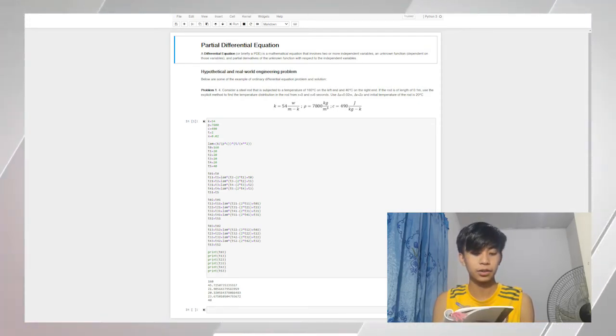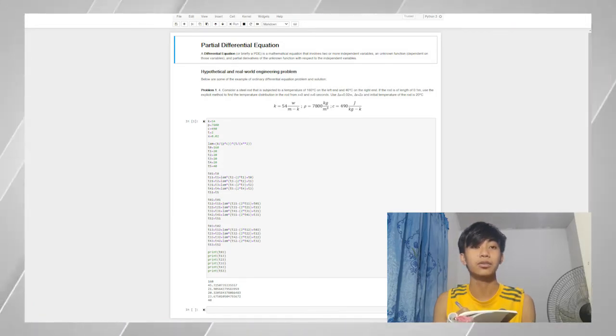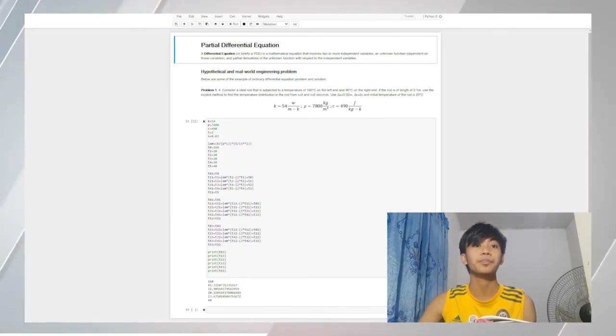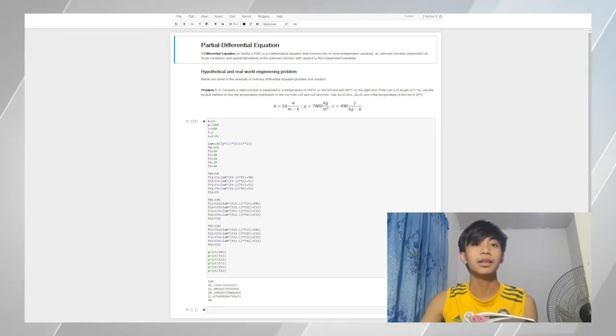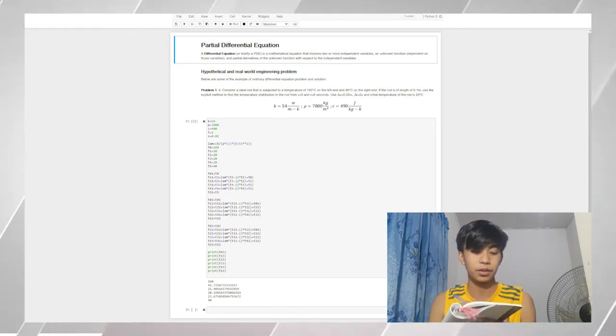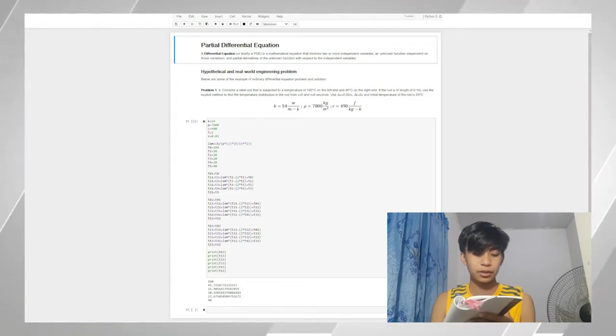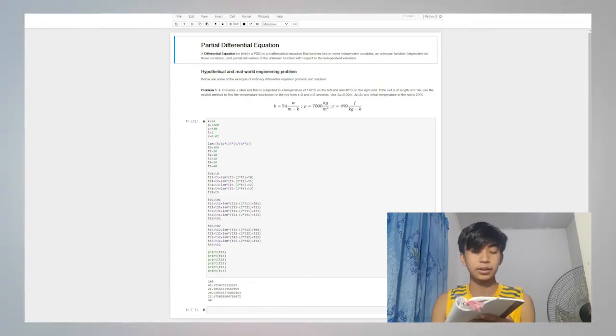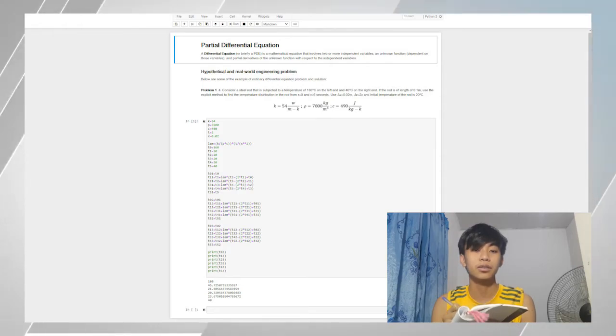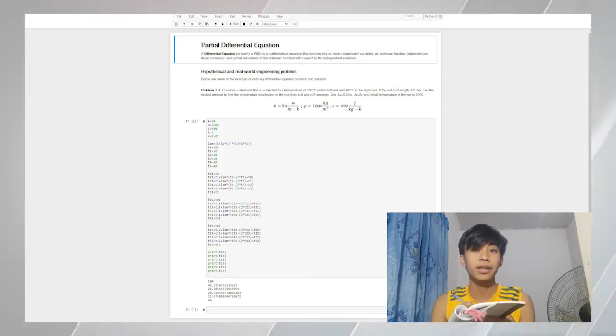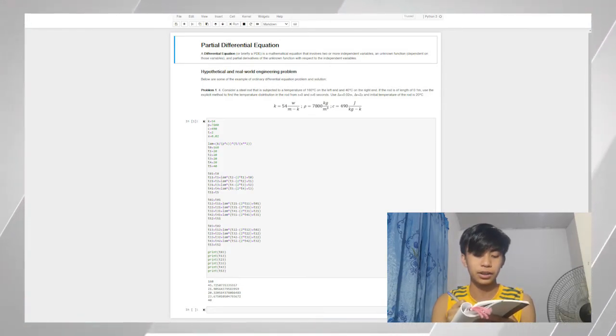Then, yung sunod po, T sub 2 raised to 2 is equals to 20.70. Then, pagkataas po natin is yung susunod na po, yung T sub 3 raised to 2 natin is 20.10. Yung T sub 4 raised to 2 natin is equals to 22.62. Then yung T sub 5 natin raised to 2 is equals to 40 degrees Celsius.